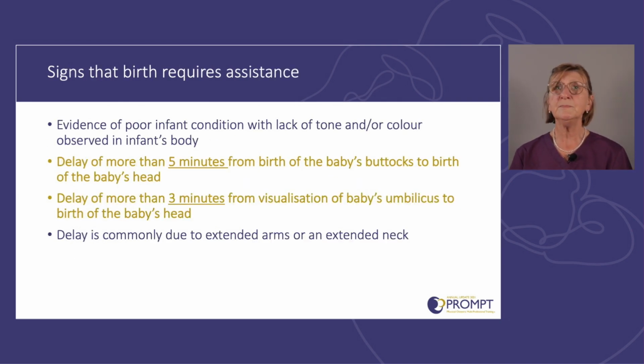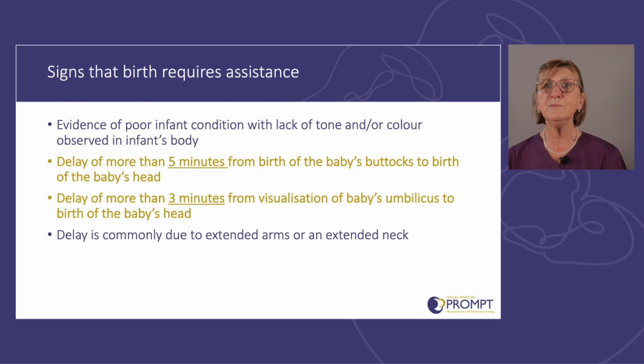So signs that the birth requires assistance, certainly if there's evidence of poor infant condition with a lack of tone, poor colour observed in the infant's body, and that's the one thing that you can see very easily with a breech presentation, is the condition of the baby. If there's a delay of more than 5 minutes from the birth of the baby's buttocks to the birth of the baby's head, then there would be assistance required.